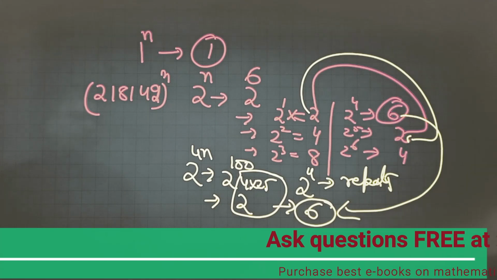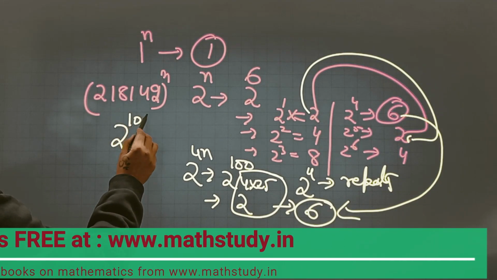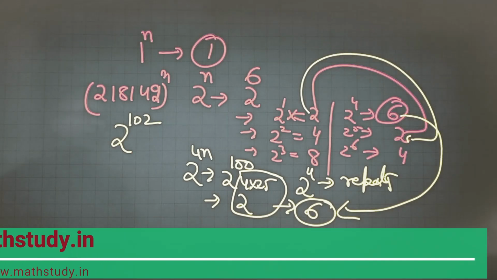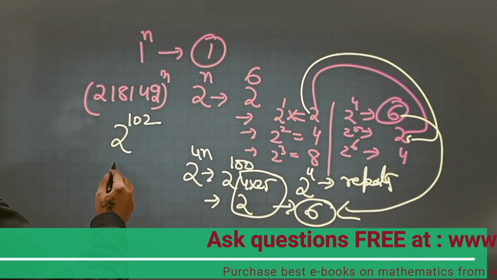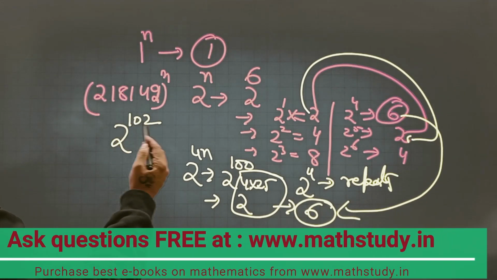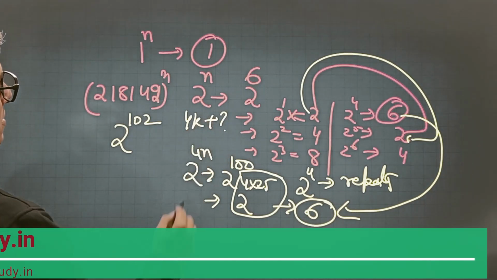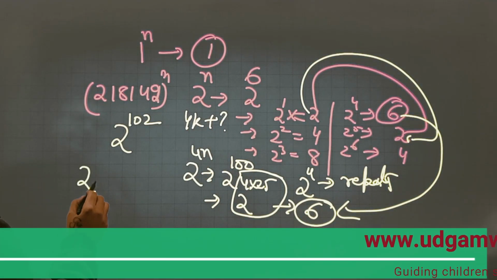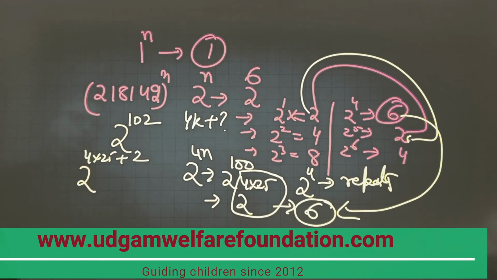Very simple. Again, let us say we have to find 2 raised to the power 102. Here we can see that 102 is not a multiple of 4. So what we can do, we can split this power into 4k plus something. So here we can write 2 raised to the power 4 into 25 plus 2.